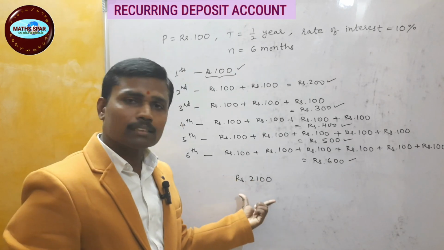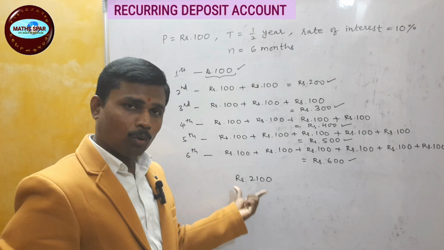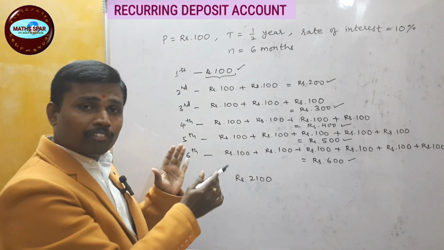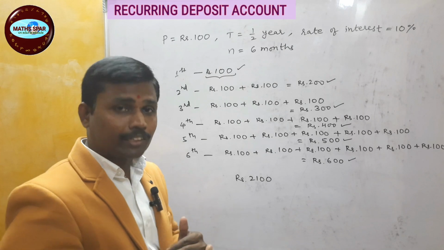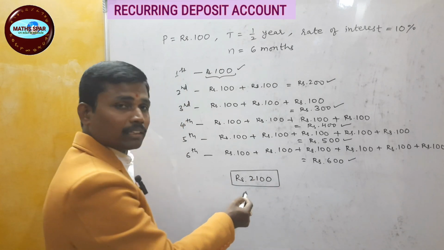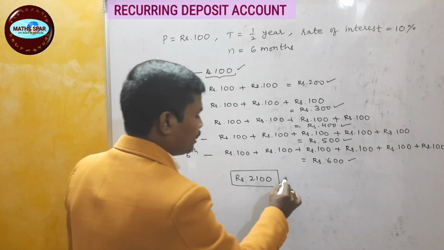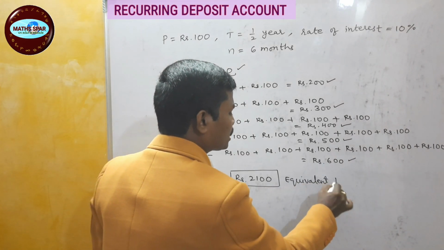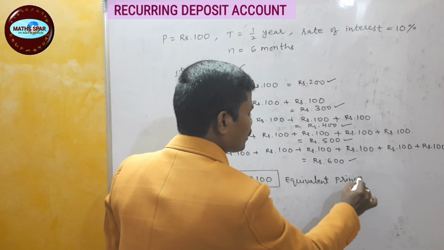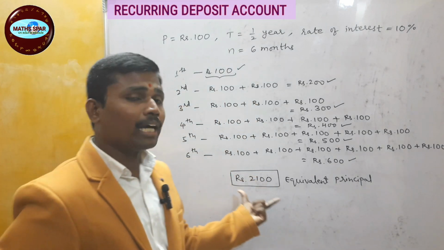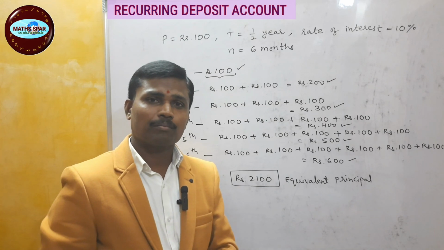So on this amount, on this money, this particular investor is getting the interest. So this particular figure, that is rupees 2100, is called as equivalent principal. How do we find this equivalent principal?